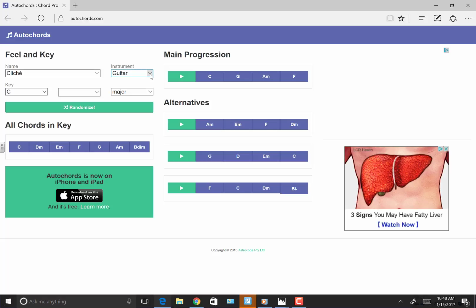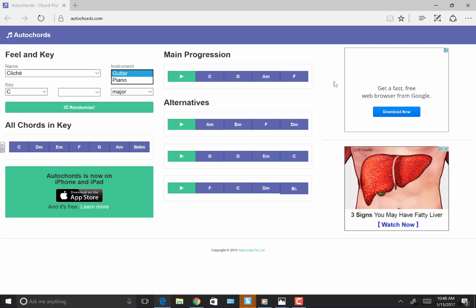You can pick the instrument that you'd like to hear, whether it be guitar or piano. Let's leave it on guitar for now, that would be nice. Okay, and you can pick the key that you want. And you can also pick if you want it to be major or minor. It looks like they're giving us an option of C, D, E, F, G, A, or B, major or minor.